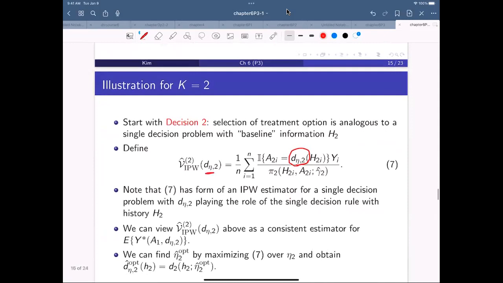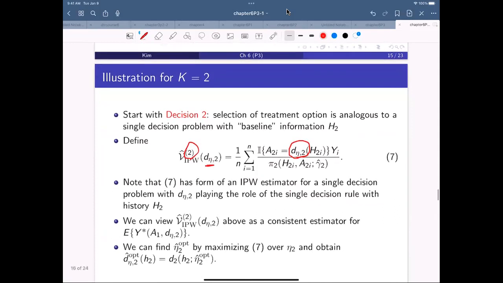This one estimates Y star given d eta, where d eta is the whole decision, a K-dimensional vector, while for this one, with superscript 2, we don't care about A1. We only care about the decision D2. So you can see the difference.